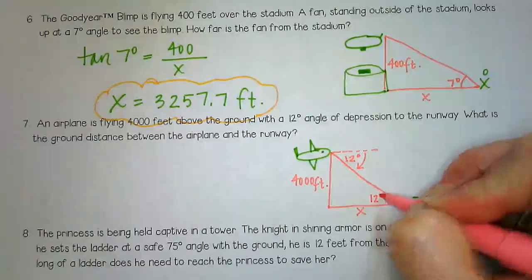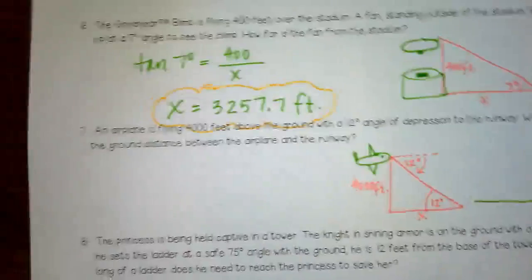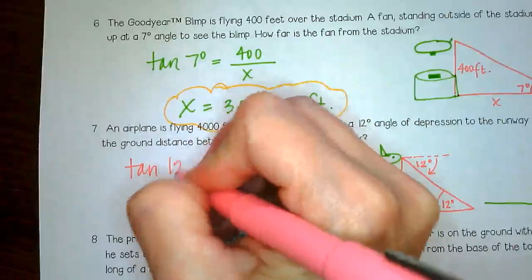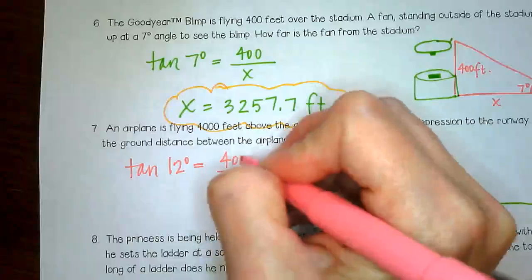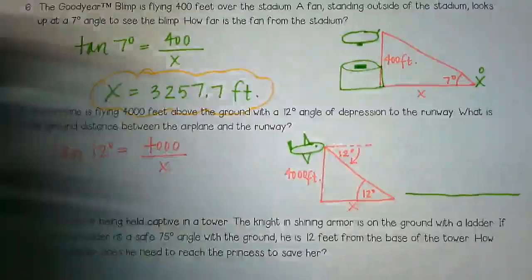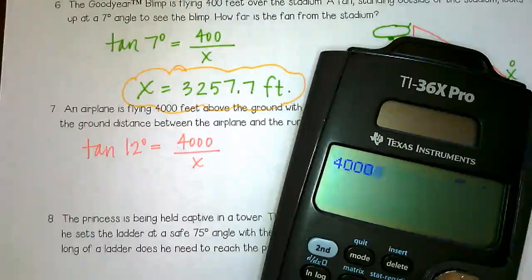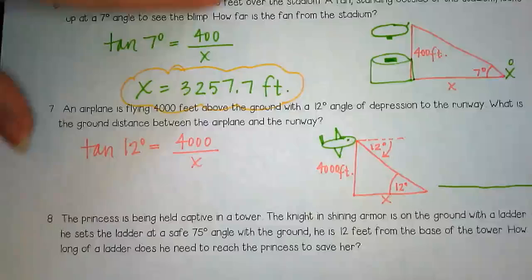So for this one, I'm going to use the 12 degrees down here. So once again, it looks like tangent. So the tangent of 12 degrees is the opposite over the adjacent. So again, I need to exchange those. So for the answer, I'm going to do 4,000 divided by the tangent of 12, and that's 18,818.